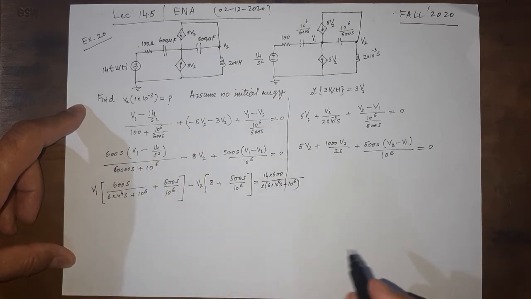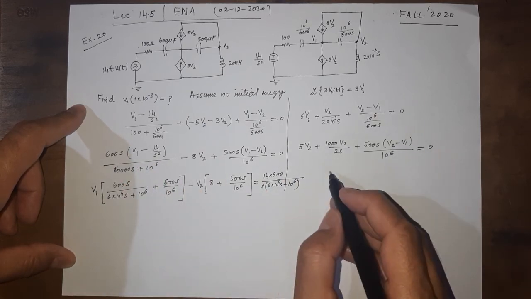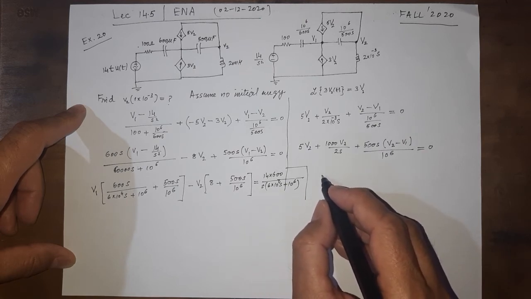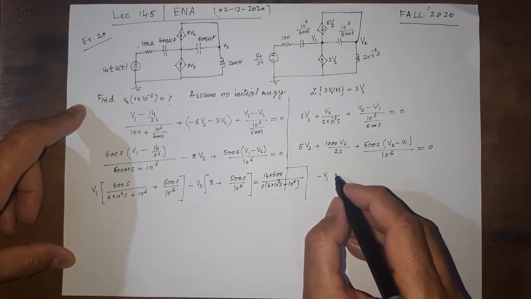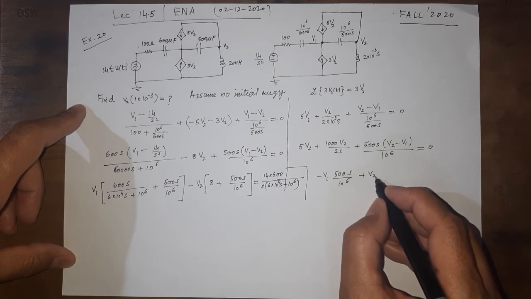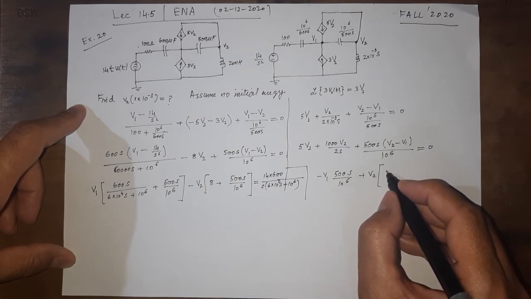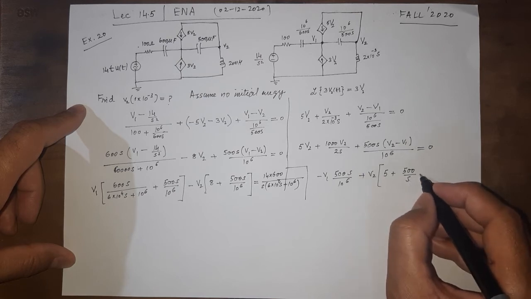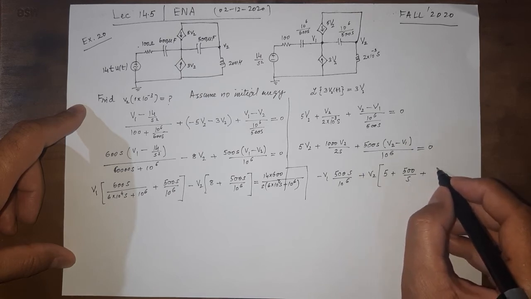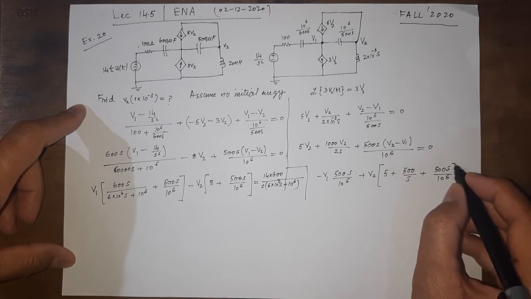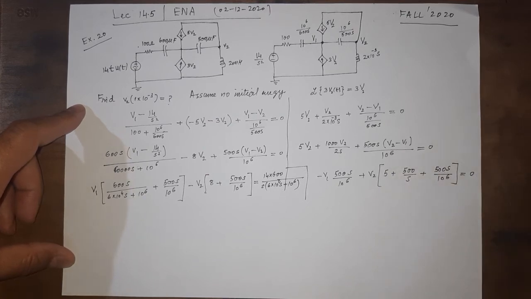This goes to the other side. And here we get minus V1 times 500s over 10 raised to 6, plus V2 times 5 plus 500 by s plus 500s over 10 raised to 6, is equal to 0.